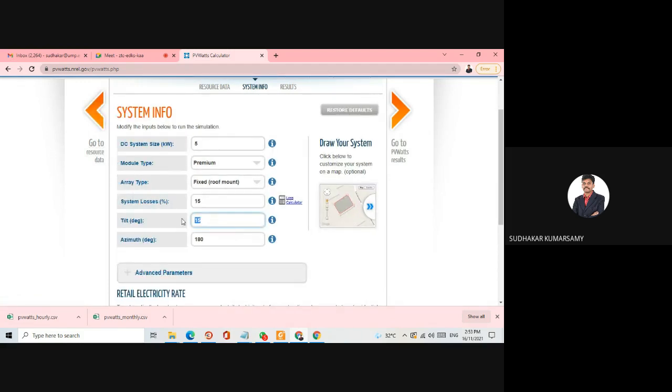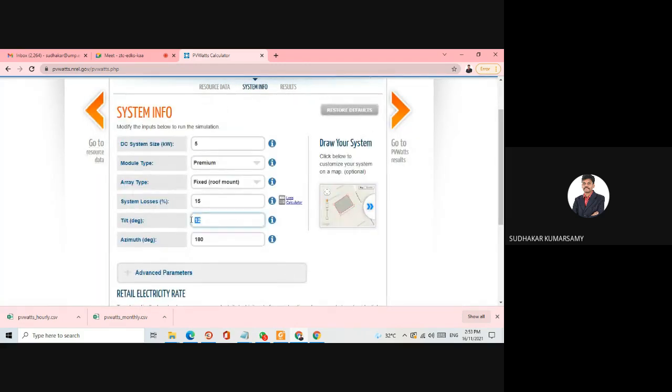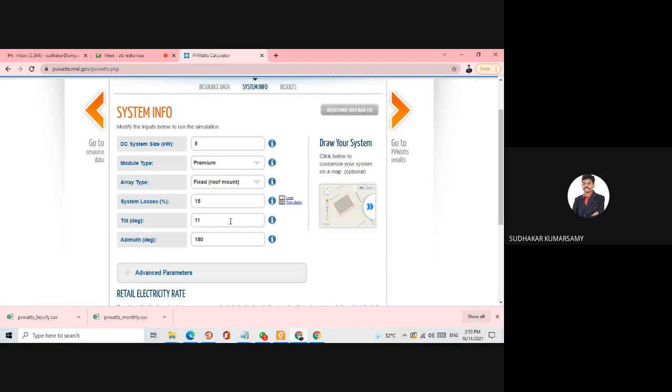Let me do for 12 degree tilt angle. 5862, still lesser than 5884. So let me do for 11 degree. 11 degrees 5874, which is less than the 5884, which was 10 degree. So the 10 degree one is getting higher energy.